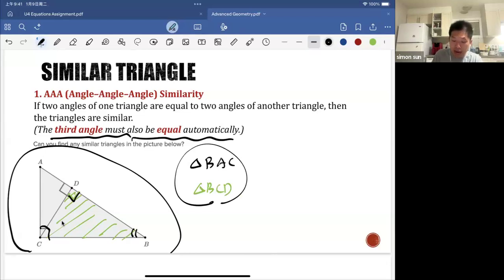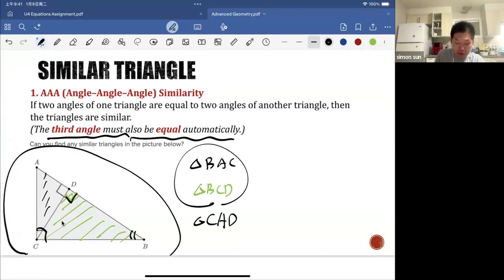And we can also add one more triangle here, the top right triangle, triangle CAD, because it's also a right triangle and they also share a common angle A here. This one you have definitely already learned about.